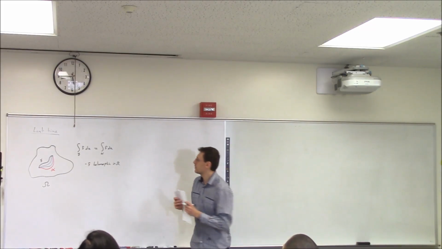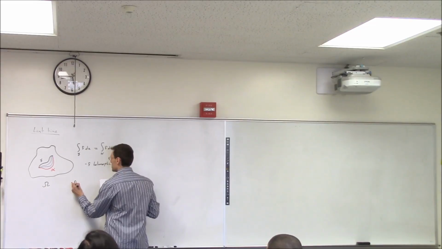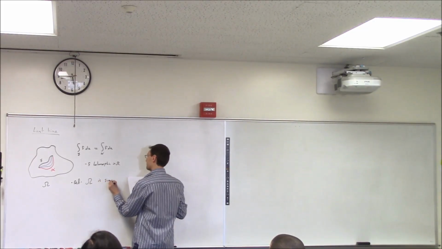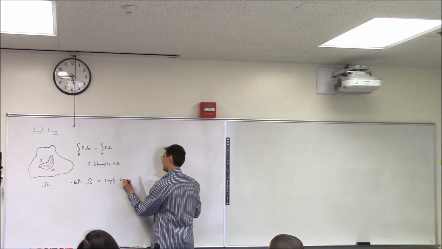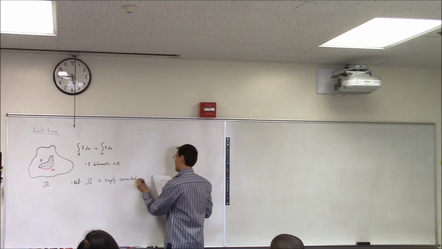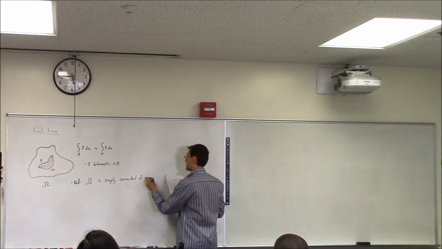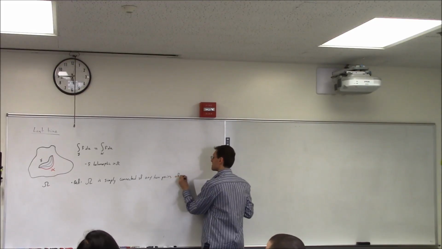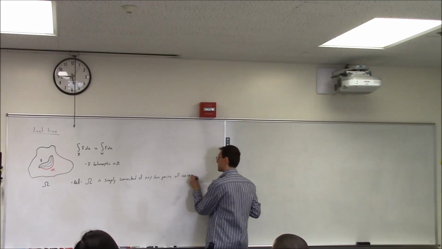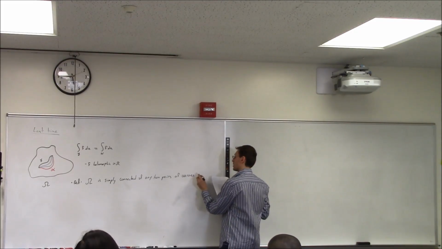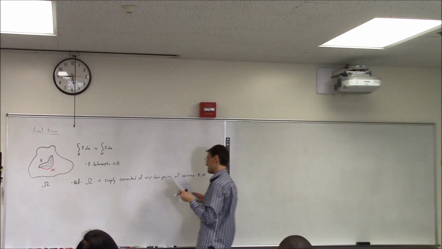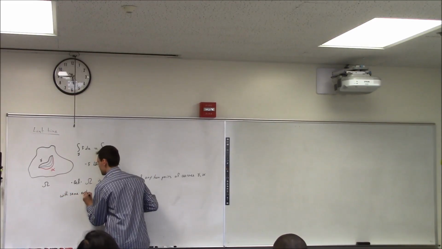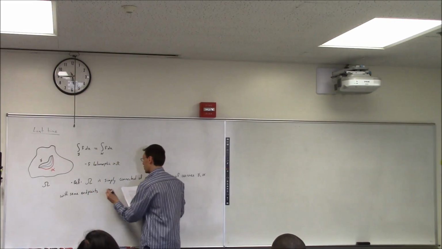So for that, what you say is, as a definition, that omega is simply connected if any two pairs of curves, curves gamma and alpha with same endpoints, are homotopic.